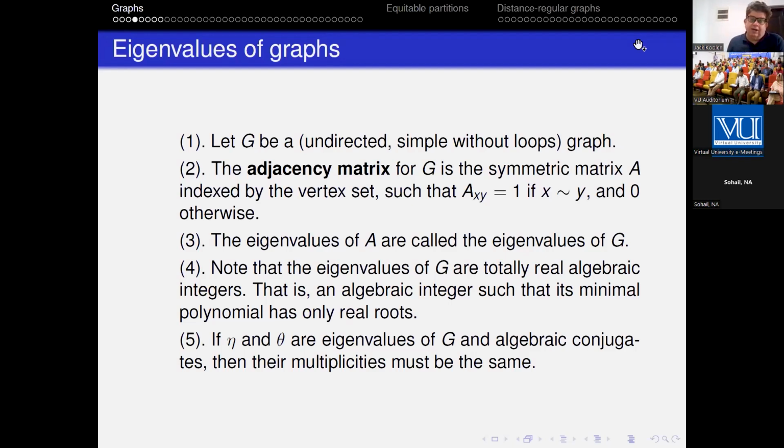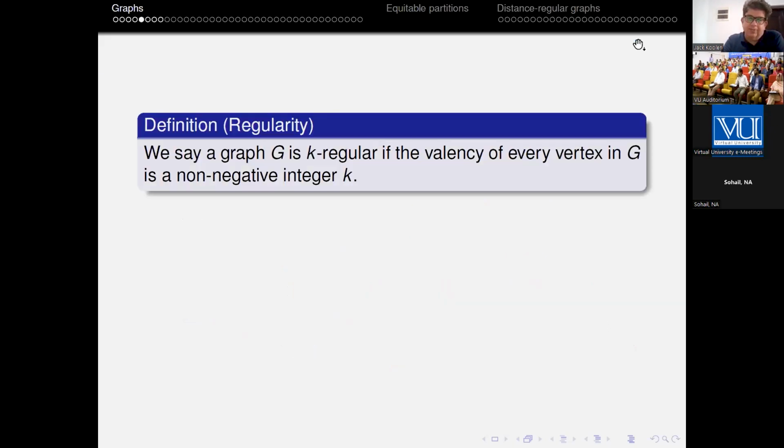And if they are algebraic conjugates, that means they are roots of the same minimal polynomial, then their multiplicities must be the same. This is easy to see. We say that the graph is k-regular if the valency of every vertex is k, a non-negative integer.